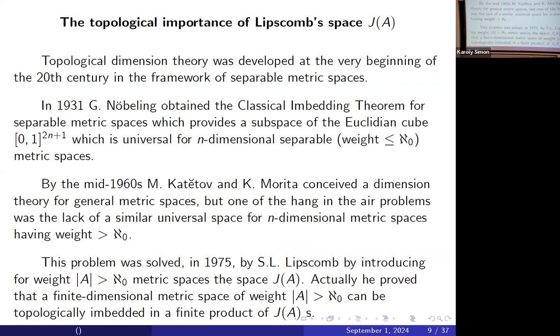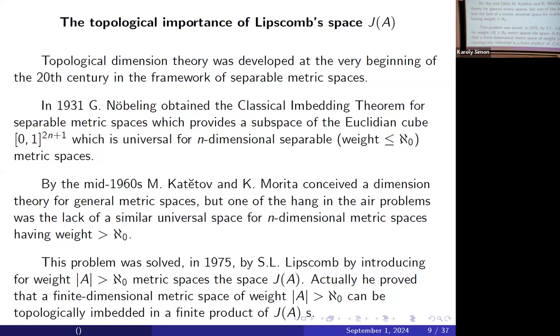In 1931, Noebeling proved the so-called classical embedding theorem for separable metric spaces. The result provides actually a subspace of [0,1]^(2n+1), which is universal for n-dimensional separable metric spaces.